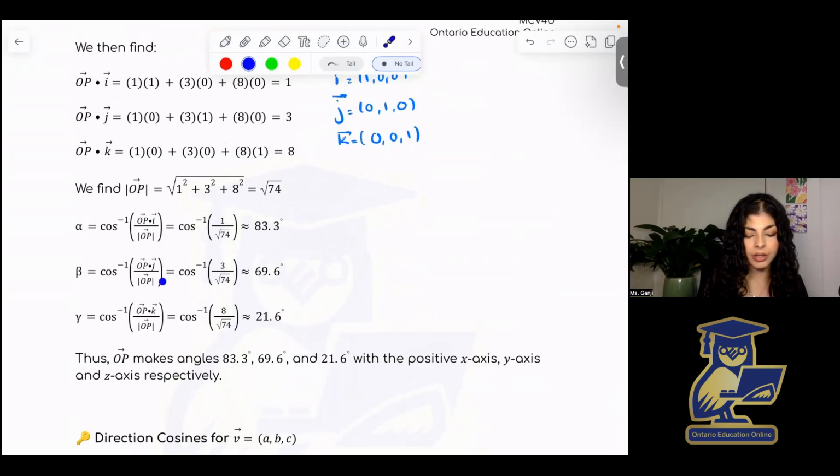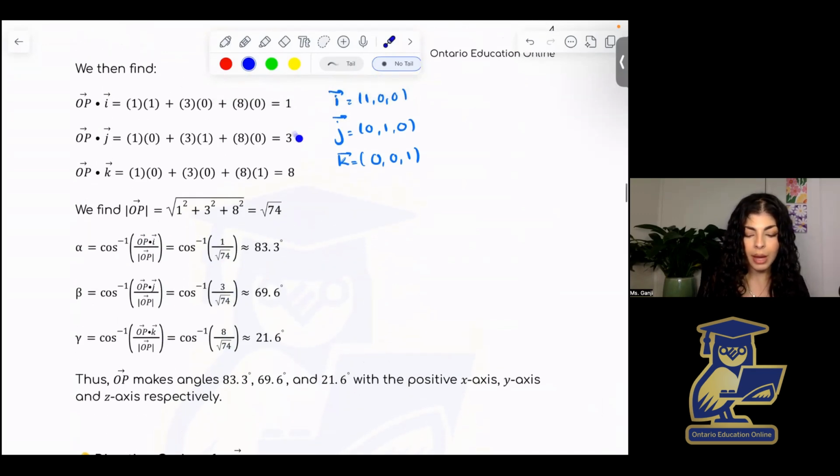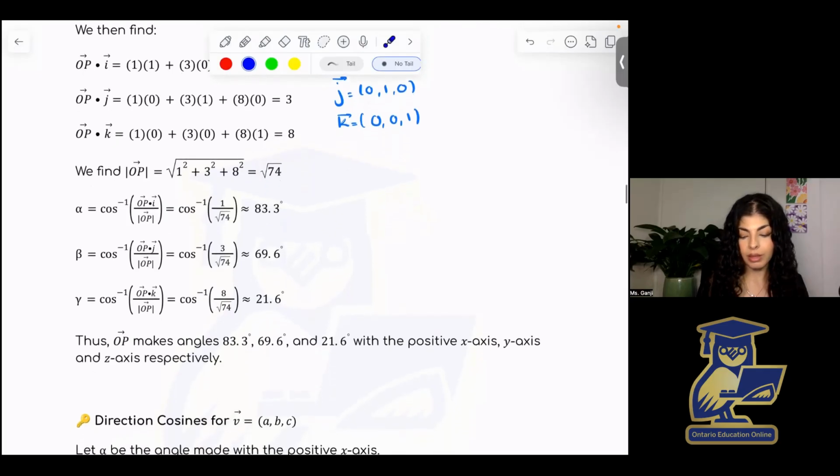And remember, the magnitude of the unit vectors was just 1, so that's why it's not included here. So we have that square root of 74 in all of them. And we have 1, 3, and 8, which were the 3 dot products. And then finding the inverse cosine of each, we have 83.3 degrees, 69.6 degrees, and 21.6 degrees, which is the angle that OP makes with the positive x-axis, y-axis, and z-axis respectively.